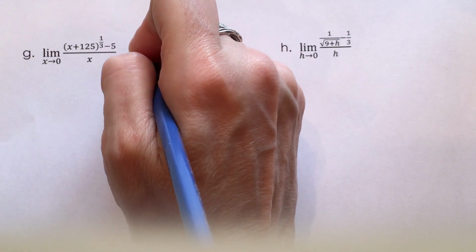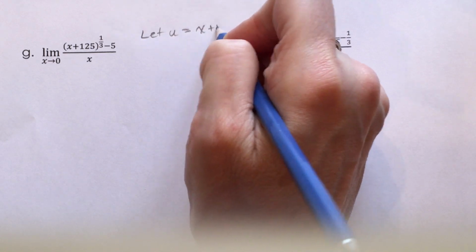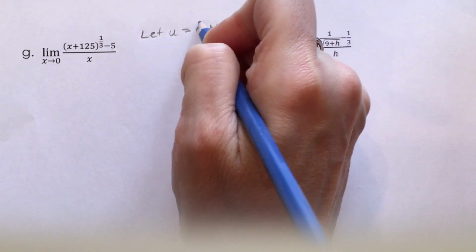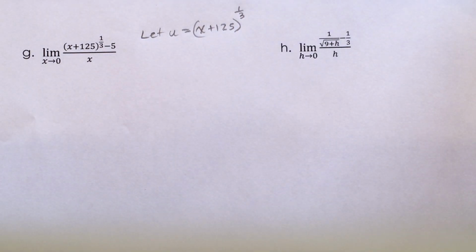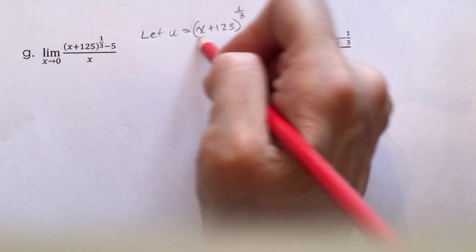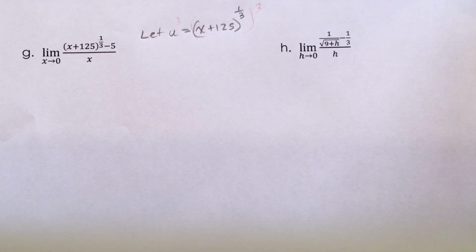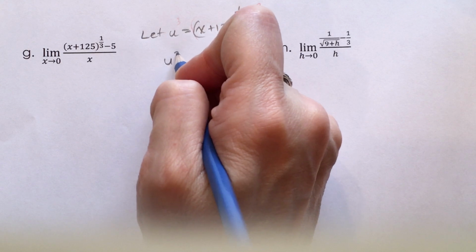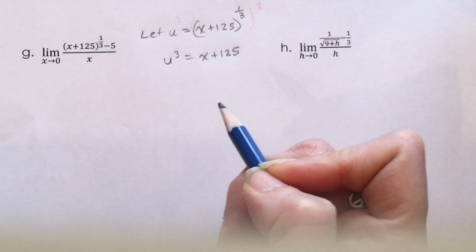So we're going to let u be x plus 125 to the exponent of 1/3. And then again, if we put both sides to the power of 3, we'd get that u cubed is equal to x plus 125.